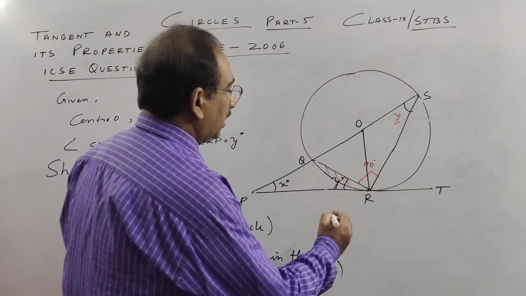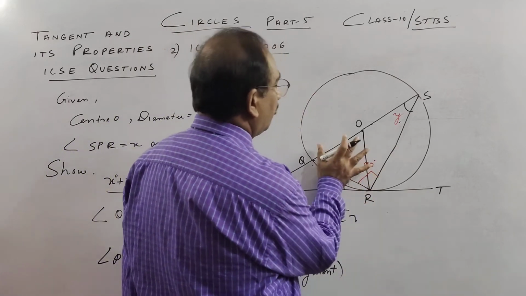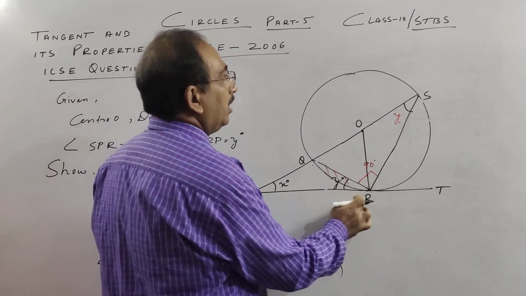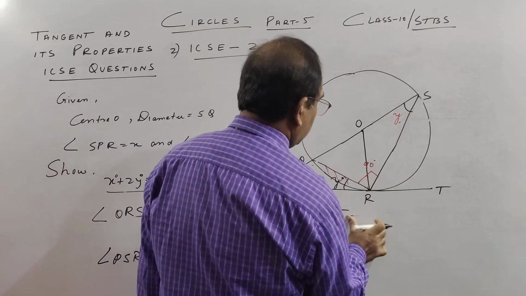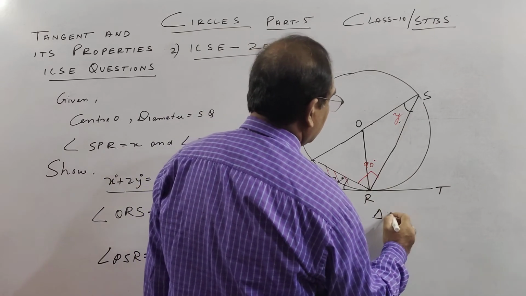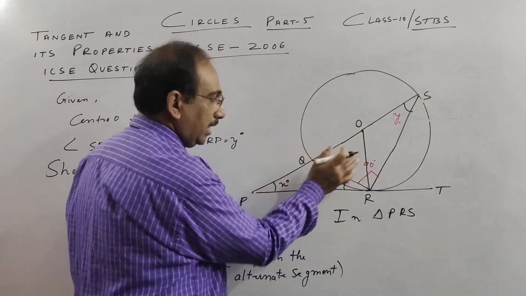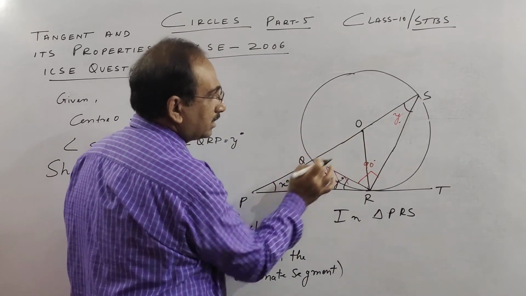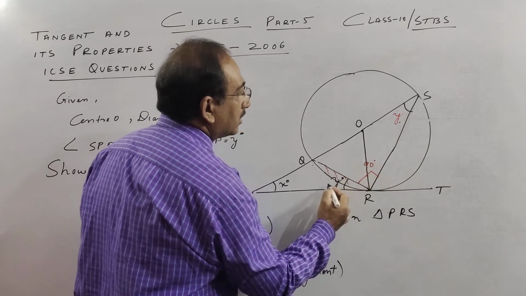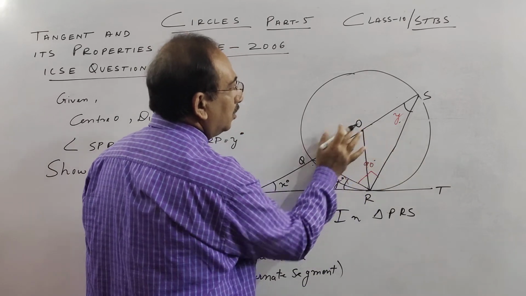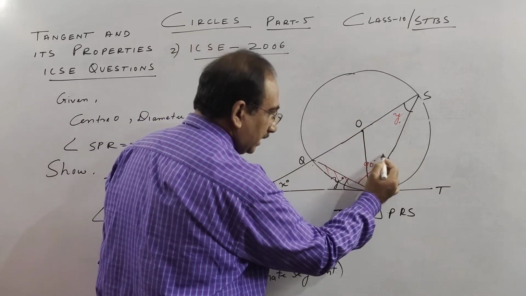Now the last part is very easy. Forget everything, see this triangle PRS. In triangle PRS, don't see anything in between: x, y, and this full angle is 90 plus y. One angle, second angle.